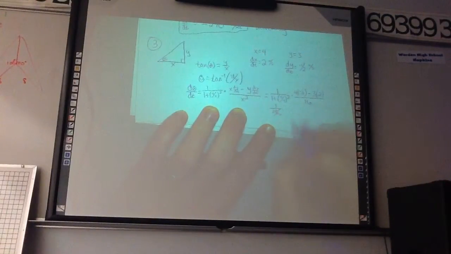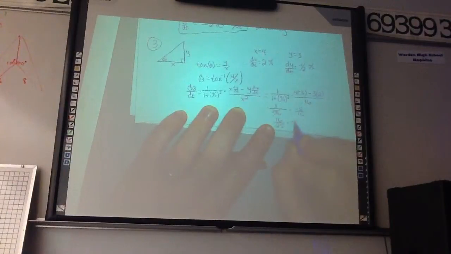Just use a calculator? Or watch, you just go 3/4 squared is 9/16ths. 9/16ths plus 16/16ths is 25/16ths. 1 over that is 16/25ths. Then 4 times negative a half is negative 2, minus 6 is negative 8.